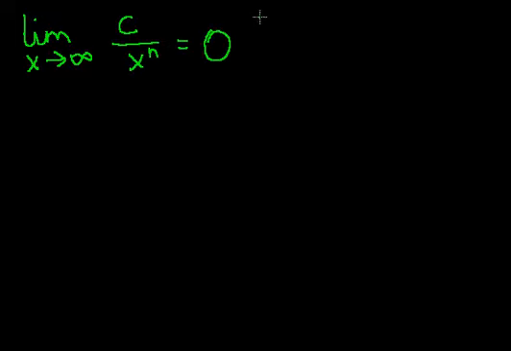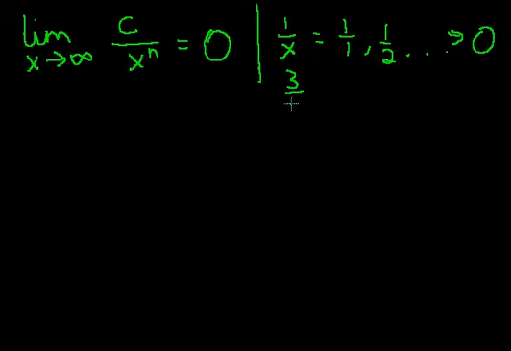And you saw an example in the last video in which we had 1 over x, and you can see how that works, because 1 over x is 1 over 1, 1 over 2, and it just keeps getting smaller and smaller, and it tends towards 0. But that works for anything.